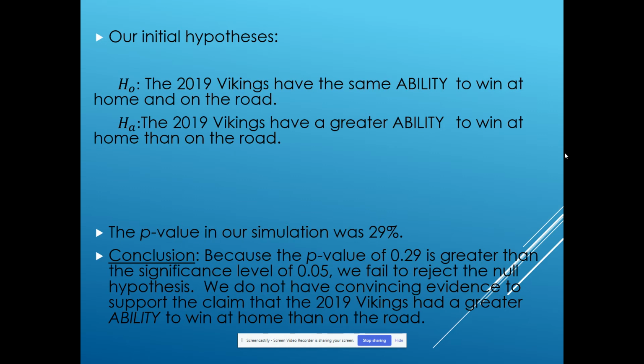Because the p-value of 0.29 is greater than the significance level of 0.05, first part, we fail to reject the null hypothesis, second part. And then we do not have convincing evidence to support the claim that the 2019 Vikings had a greater ability to win at home than on the road, the third part. So there, our conclusion very clearly states the three parts needed for a valid conclusion.